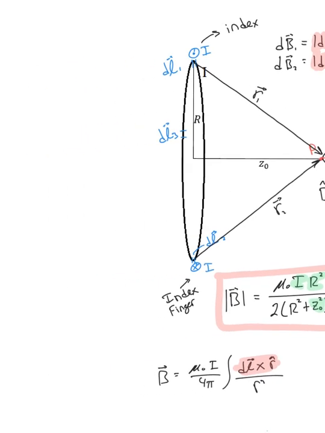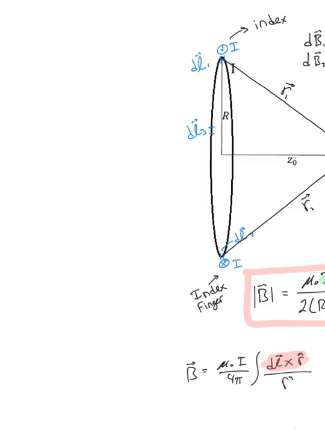So if we put our point P here instead, what we would find is that our magnetic field, due to 1, points this way. We would have some little dB1. You can verify this by doing the right-hand rule again and drawing out your R1 and R2 vectors. You would have a dB2 that points this way.